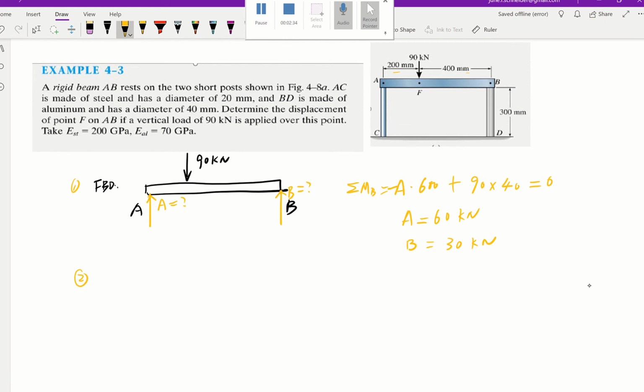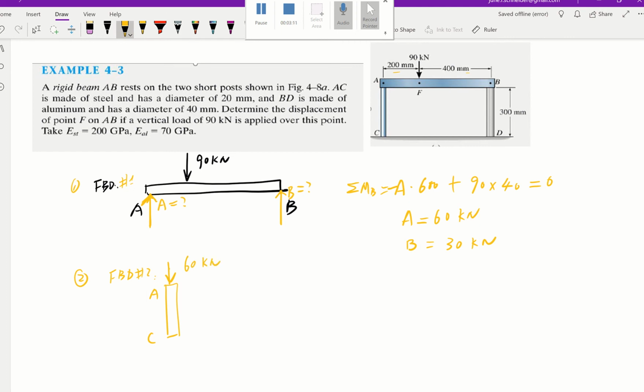Now I'm going to look at FBD number 2. If this is 1, FBD number 2 is the AC post. Using Newton's third law, the reaction force at A is pulling the beam AB up, so beam AB pushes the post AC downward, equal and opposite, 60 kilonewton.